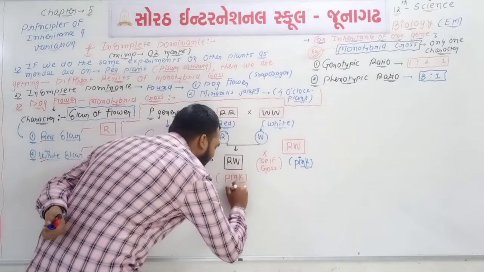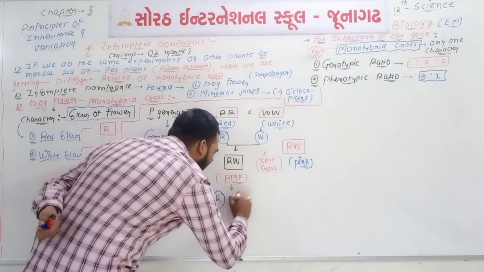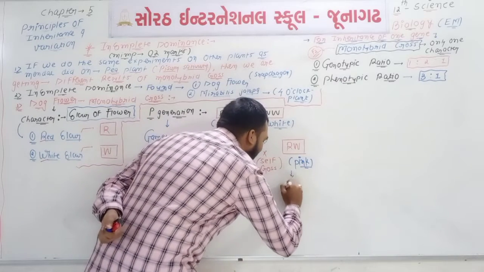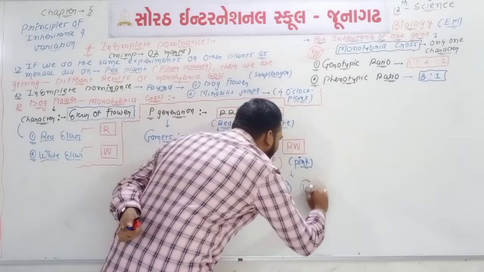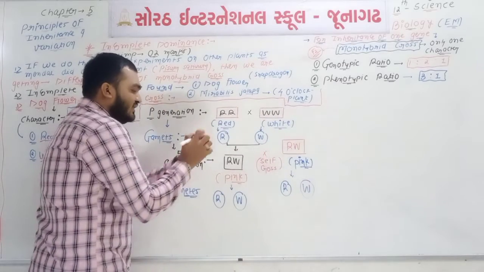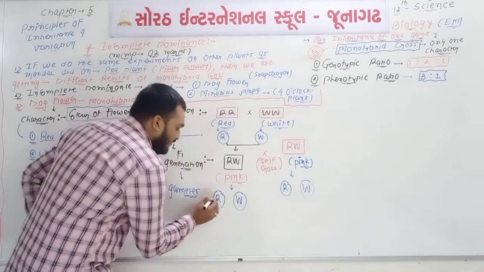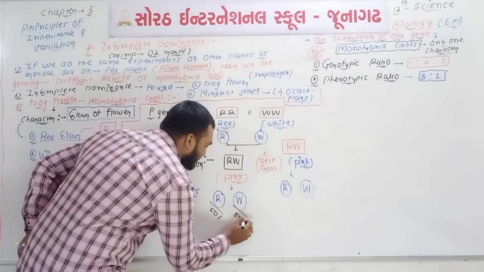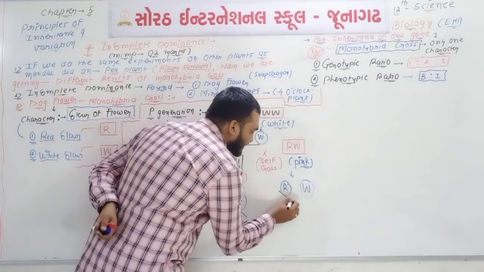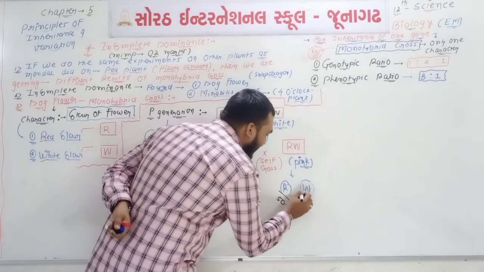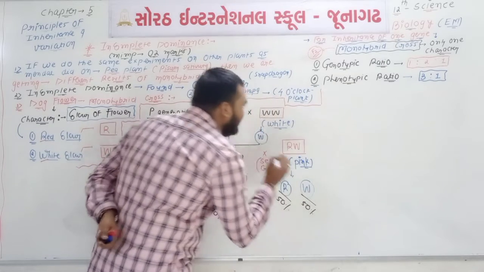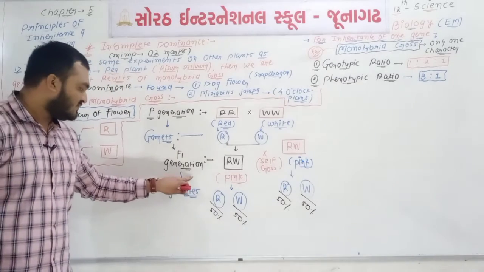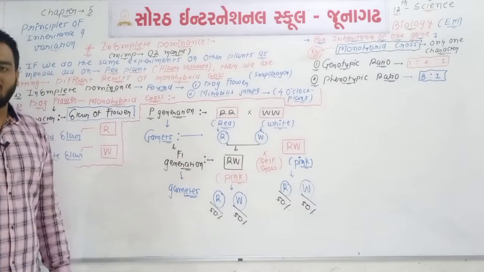So here capital R and capital W gametes are produced, and here also capital R and capital W gametes are produced. Here 50% capital R and 50% capital W is produced. So it is all about the gamete production found during the F1 generation.